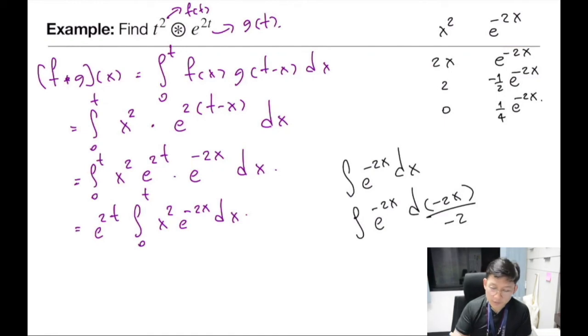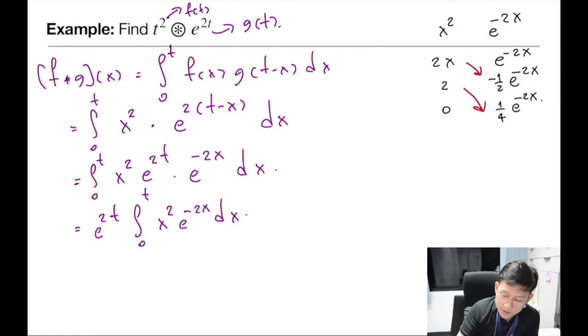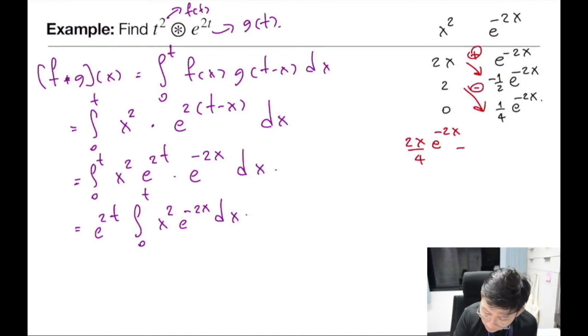Okay, and then we do this, if you remember the shortcut for integration by parts, right? So we get 2x over 4 e to the minus 2x, plus minus, sorry, we have minus here as well.